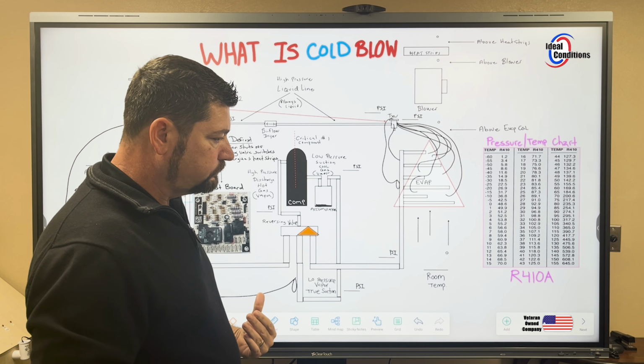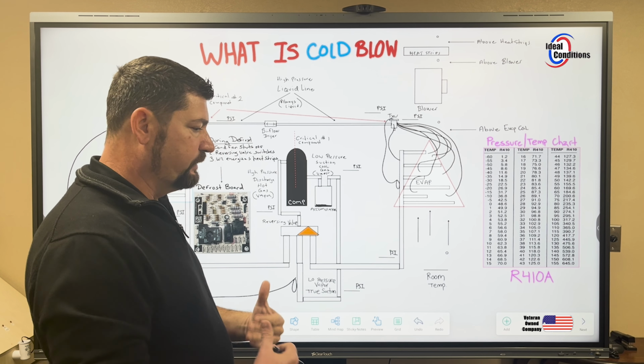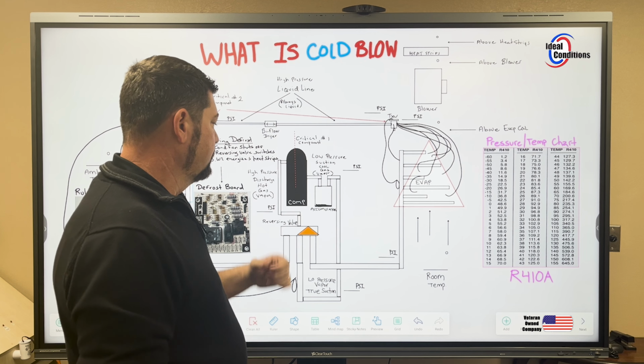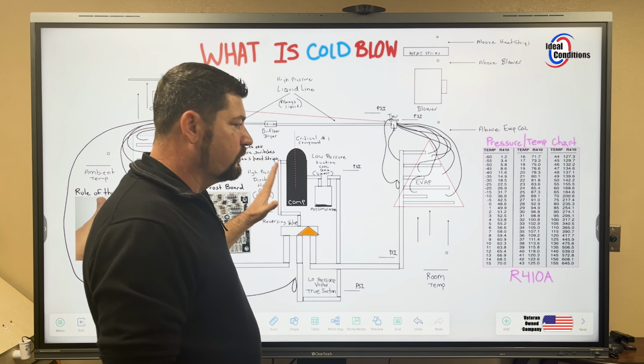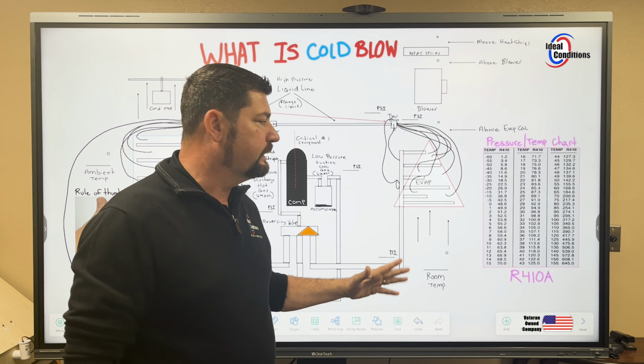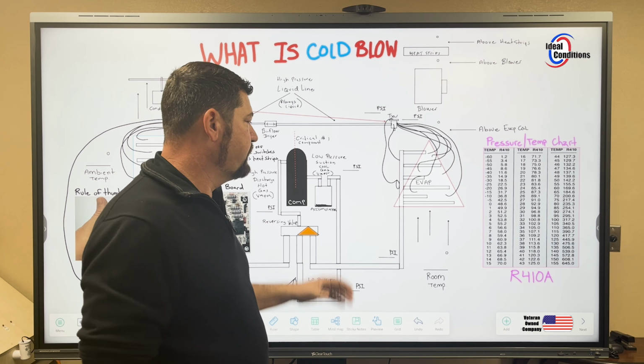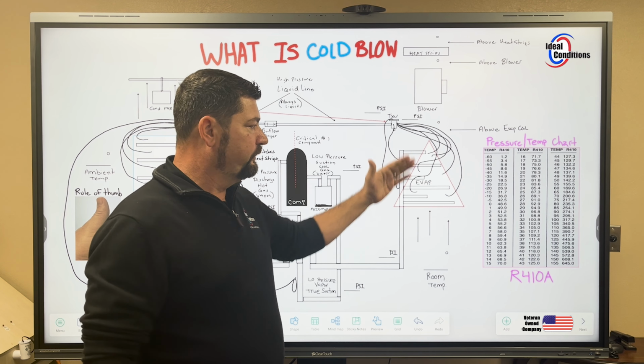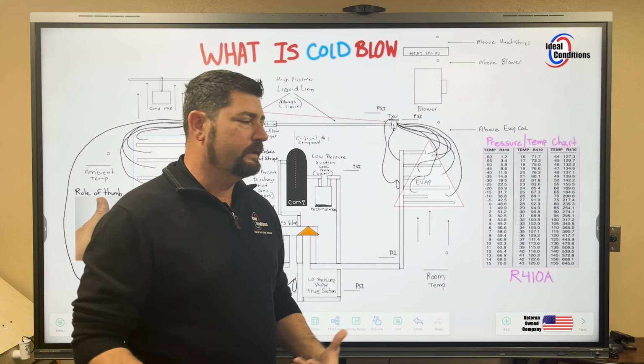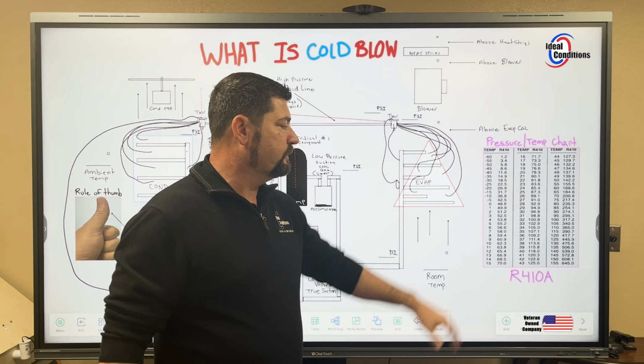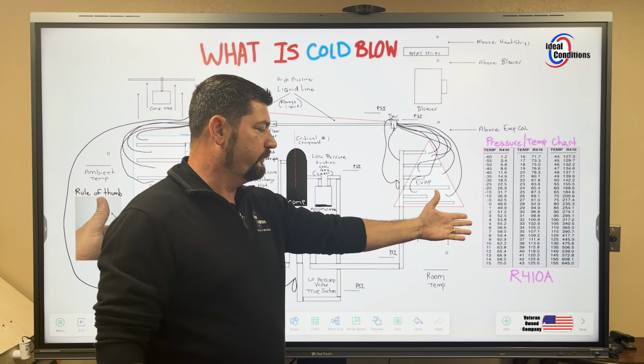Cold blow is best going to be described once I draw colors on this diagram, right? So we can read about it or talk about it. I think once we put some color to this, I think it's going to be well expressed. I have a pressure temperature chart over here for 410A.